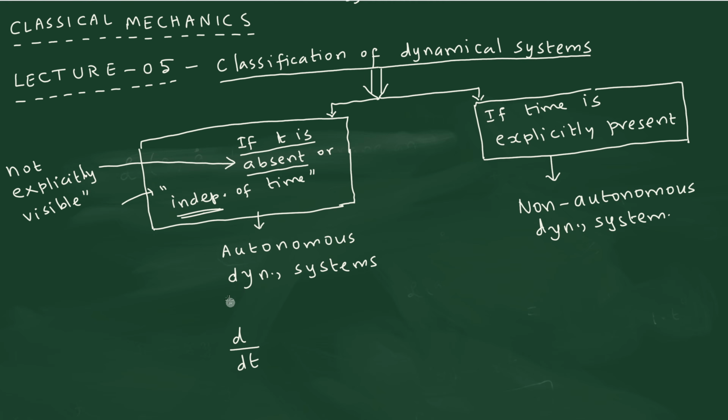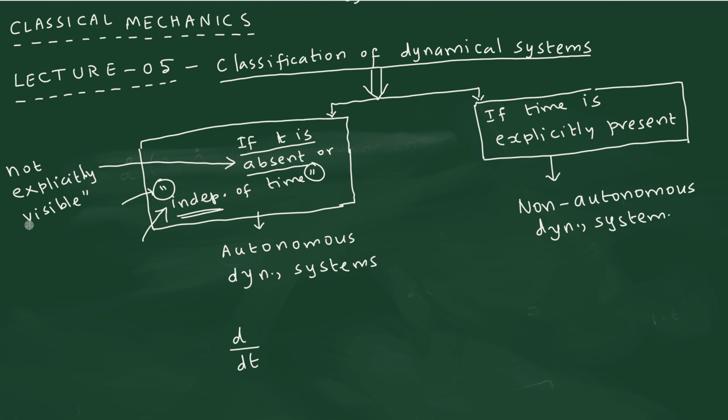You have to be very careful with this terminology. The moment you say we are talking about a dynamical system, something is changing with respect to time. If so, how can you say this is independent of time? That question will come. That is why I put an inverted comma here. It is equivalent to saying that time is absent in the system, but what we exactly mean is that it is not explicitly visible.